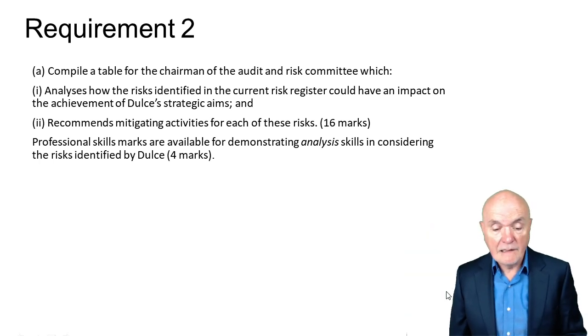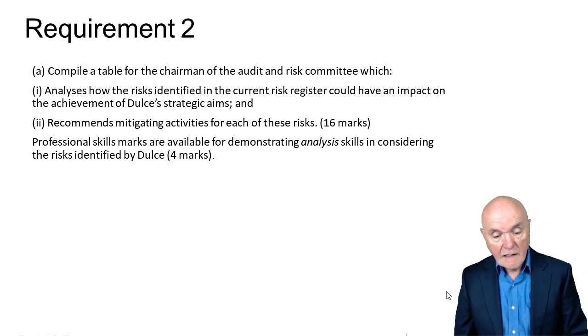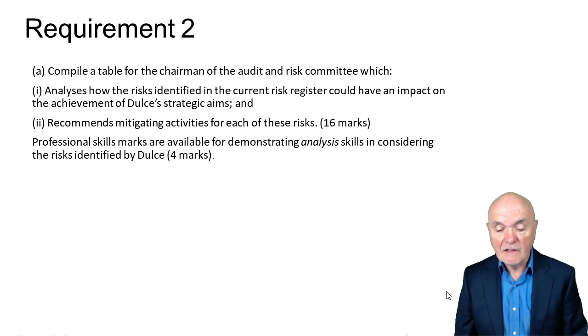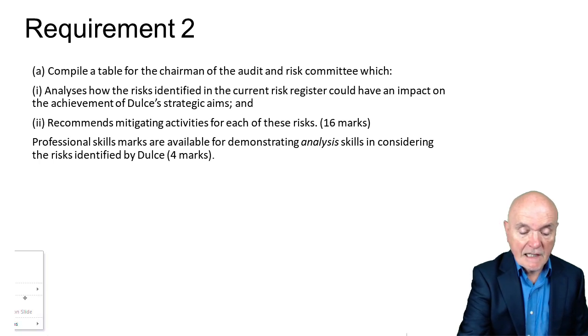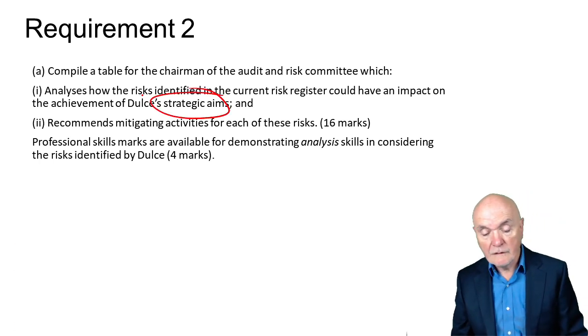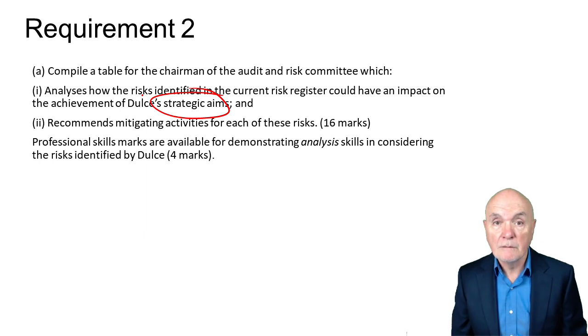And we are to compile now a table for the chairman and the audit and risk committees, which analyzes how the risks identified in the current risk register could have an impact on the achievement of the Dulce's strategic aims. And again, we come to these strategic aims again. Remember what they were. We want growth of different types of products, and we also want to make ourselves attractive to different markets.